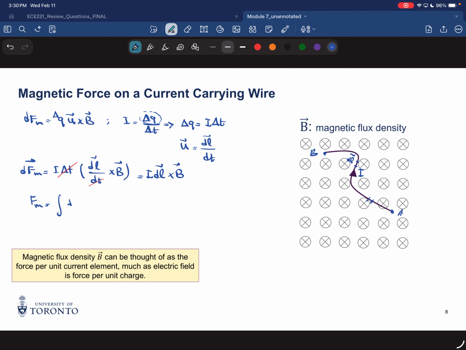Fm would be the integral of dFm from point A to B, which would mean I dl cross B from point A to point B.